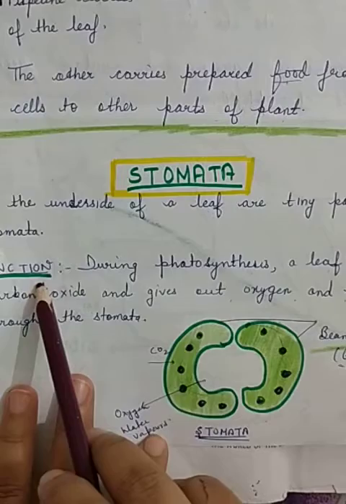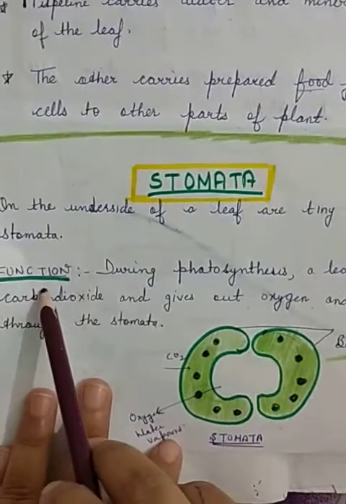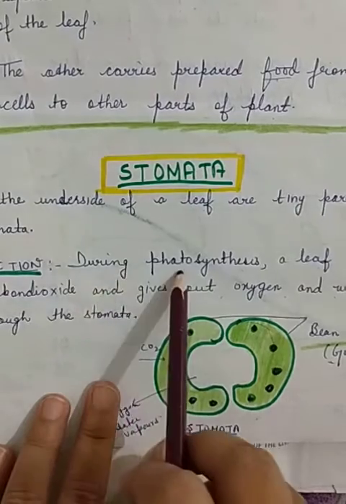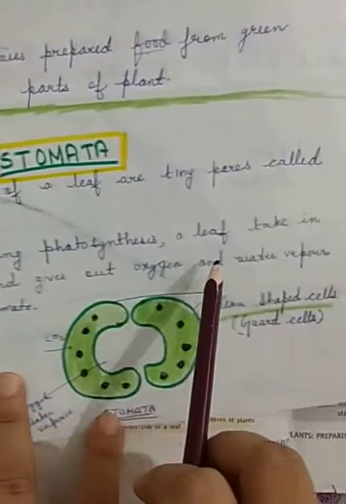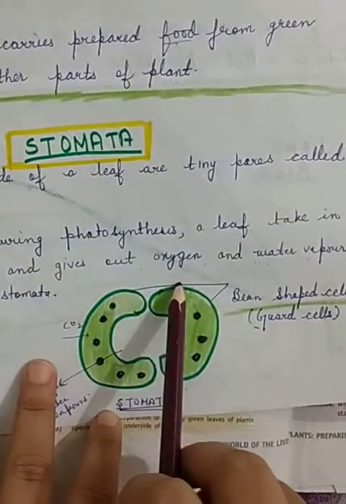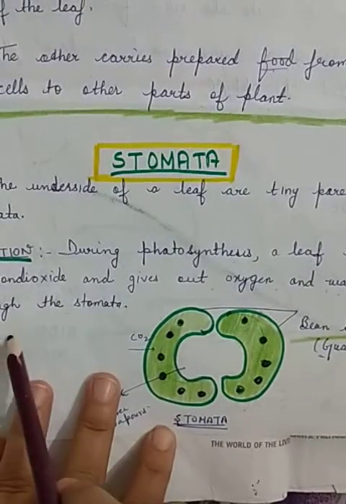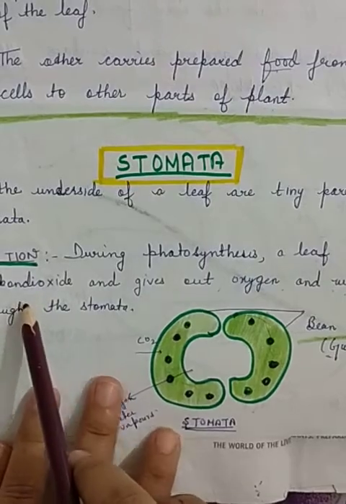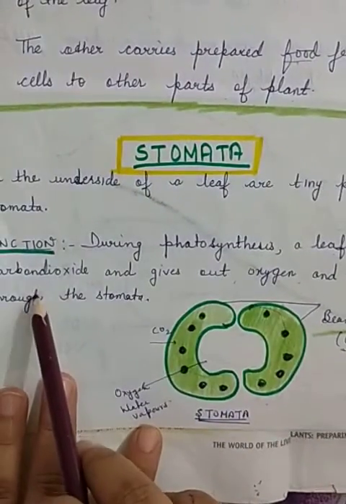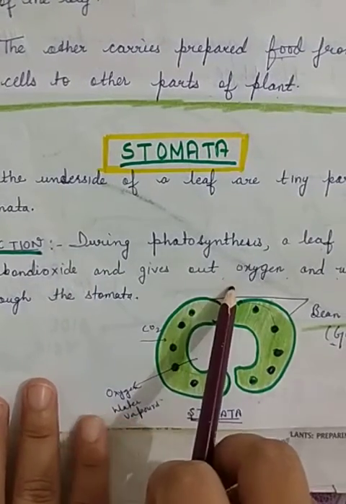What is their main function? During the process of photosynthesis, a leaf takes in carbon dioxide and gives out oxygen and water vapor through the stomata. So they help in the exchange of gases. They take in carbon dioxide and give out oxygen.